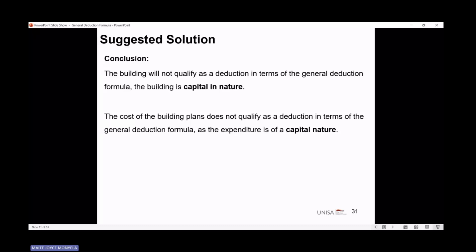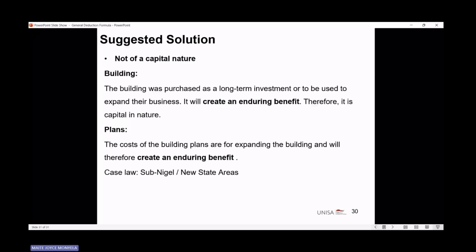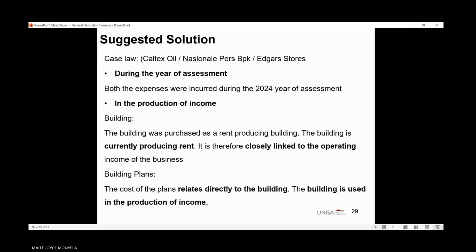Remember, it met all the requirements until the last one, receipt not of capital nature. If it was of a revenue nature, it was going to qualify as a deduction. Now, in terms of section 11A, it does not qualify because it's of capital nature. So let's discuss this answer again. Any question on this answer?